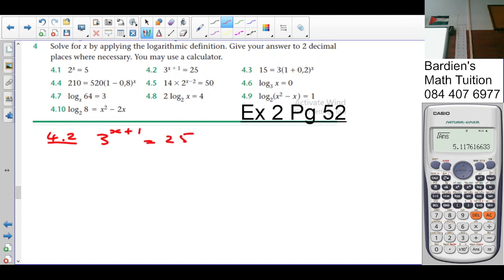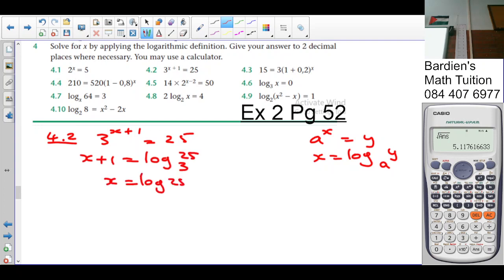Is that in the form a to the x equals y? Yes, so I can write it in log form. x is equal to log y base a. The base remains the base. So x plus 1 equals log 25 base 3, so x is equal to log 25 base 3 minus 1. Put that in the calculator: log 25 base 3 minus 1 gives 1,93.